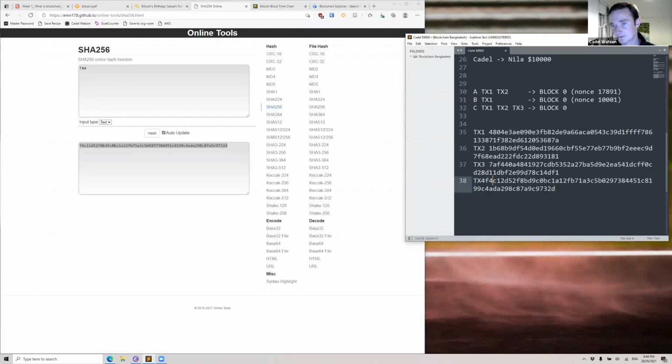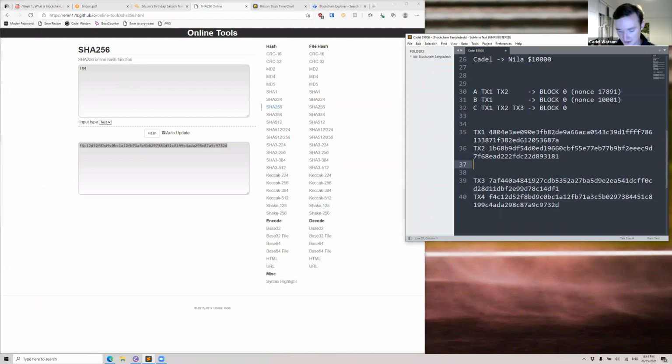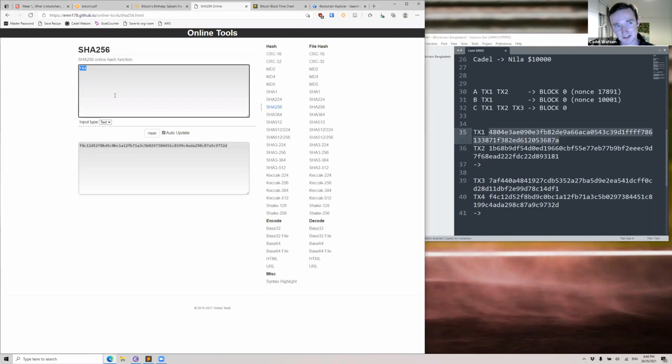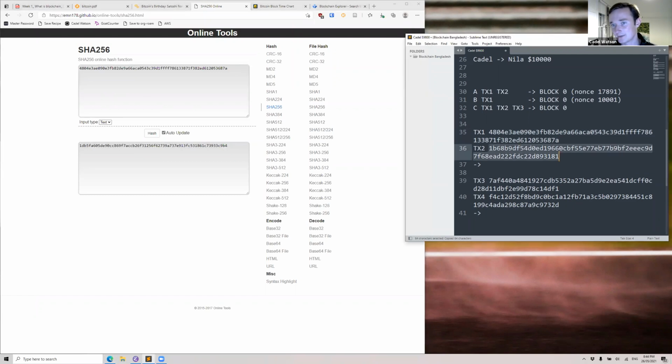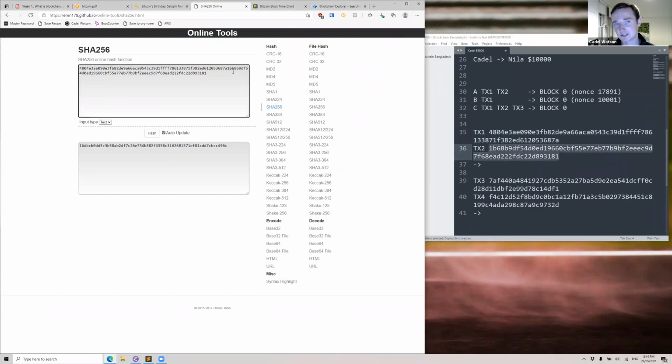So these have all got a hash. Now I'm going to split them into groups of 2, and I'm going to hash together the hashes. We might copy the hash of TX1, then stick on to the end the hash of TX2. So those 2 hashes are together, and we end up with this new hash like this.